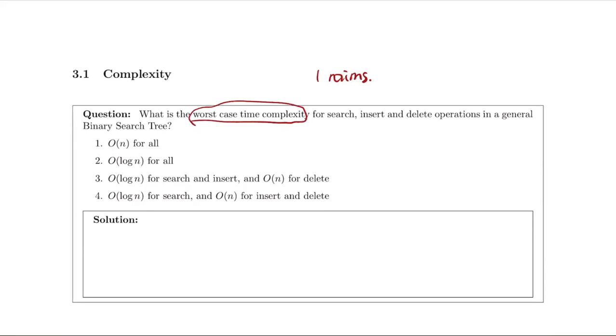It's just the worst time complexity. General here just means it is a binary search tree without any other modifications, because there is another set of self-balancing binary search trees like a red-black tree, but that's beyond the scope of this class. So the worst time complexity is, sorry, linear time, O(n).